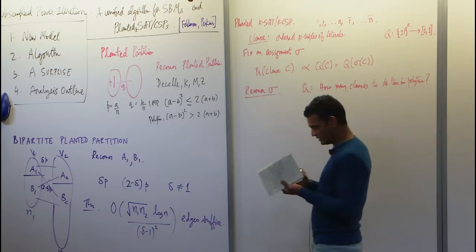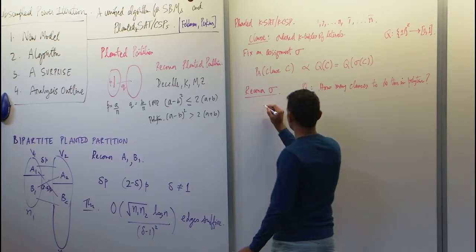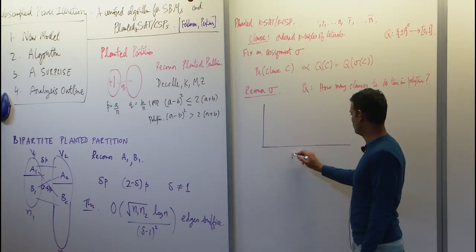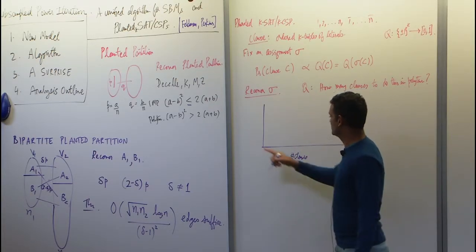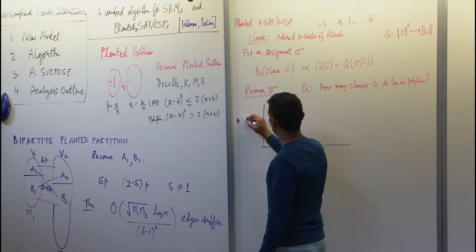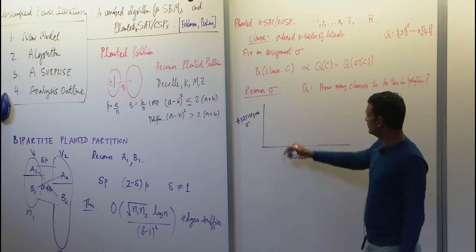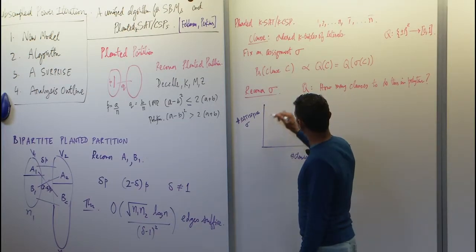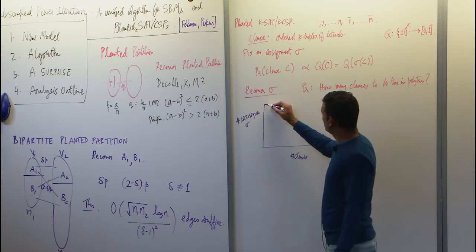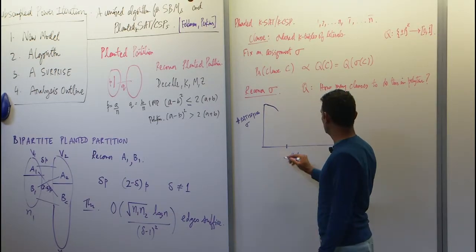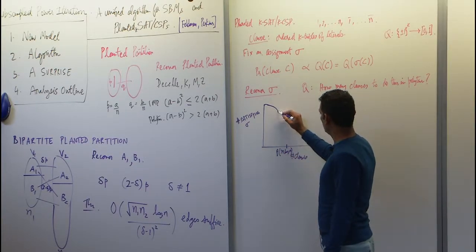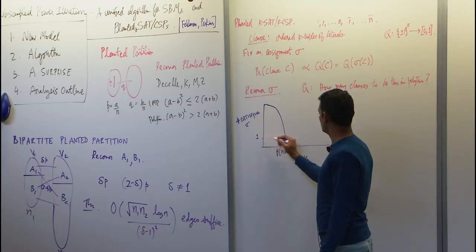So if I'm going to draw a little plot, if this is the number of clauses, and this is, let's say, the number of surviving assignments or satisfying assignments at any point, it starts out high, all 2 to the n potentially, and there's a point here which is just proportional to n log n, where only one assignment survives, namely the planted one.